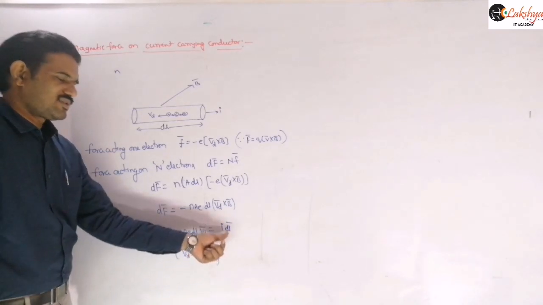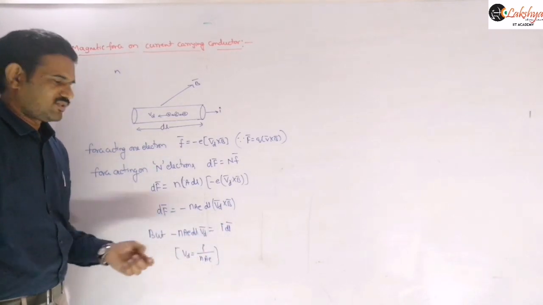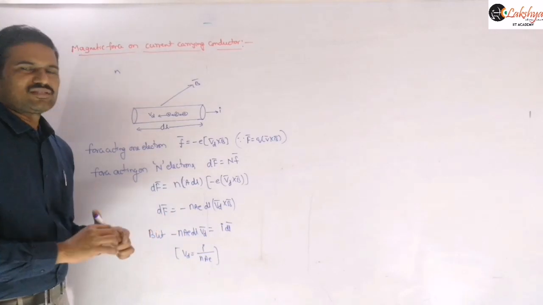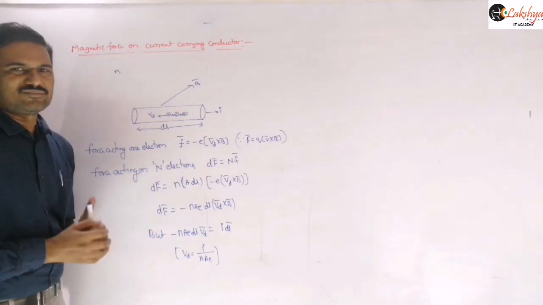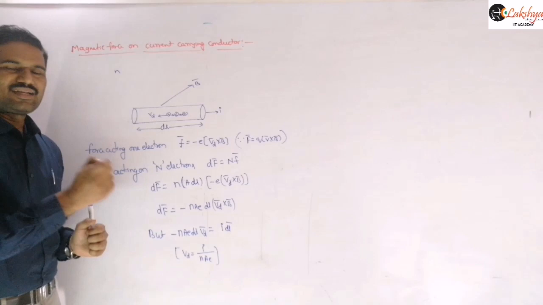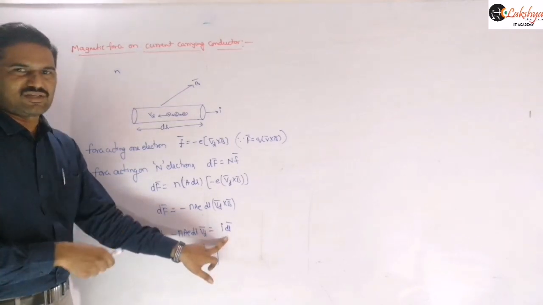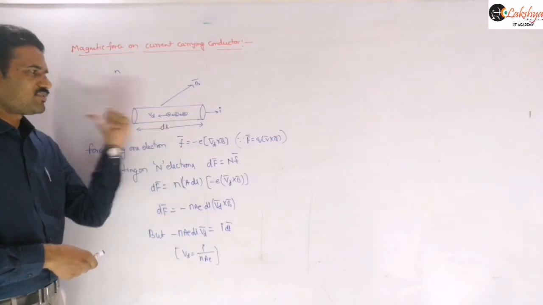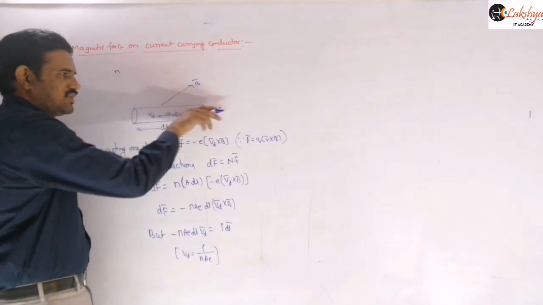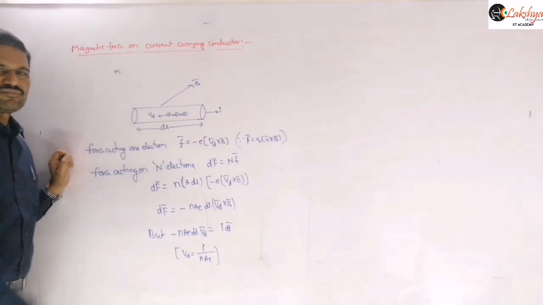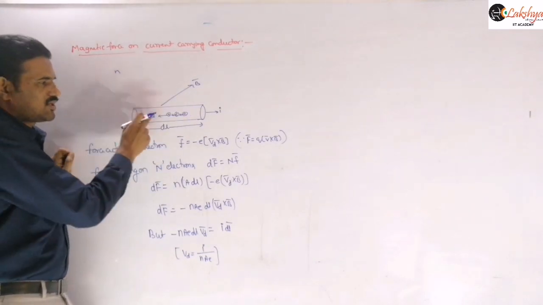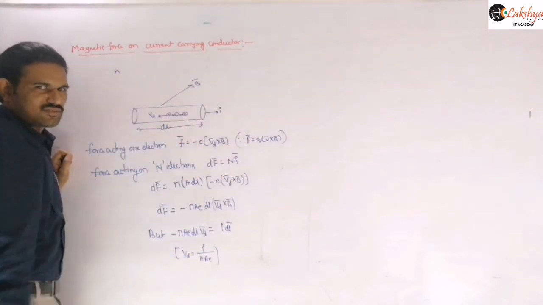Now this vector and this vector both are opposite in direction. This I into dl is what we call the current element. The dl bar direction is always taken in the direction of current here. But this Vd bar is opposite to the direction of current. If the current is flowing here, then Vd bar will be along this direction. So you can observe that both are opposite each other always.